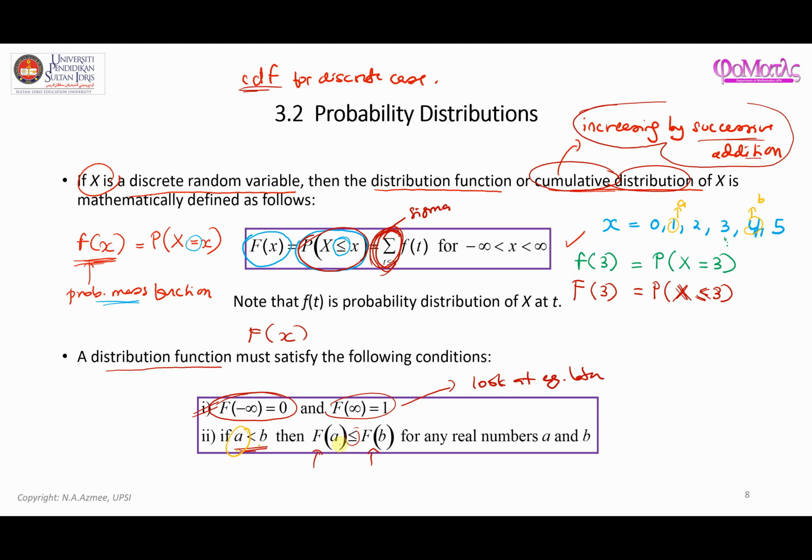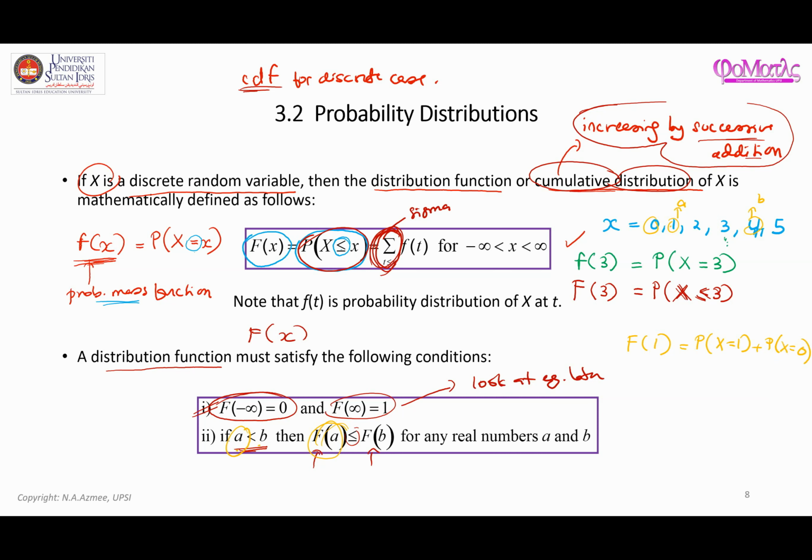If I want to find the cumulative distribution for x less than or equal to 1, so I want to find F1, F1 will consider the probability of x equals 1 and also x equals 0. So you're going to get some result here.